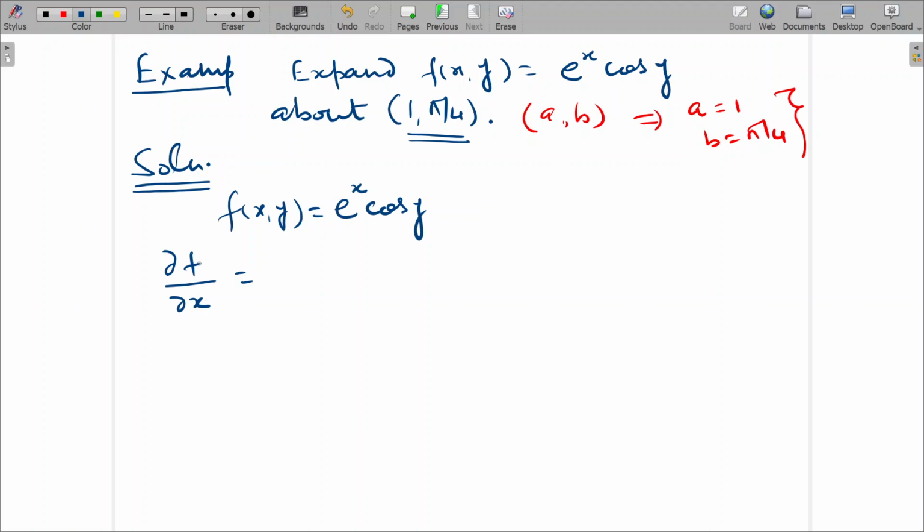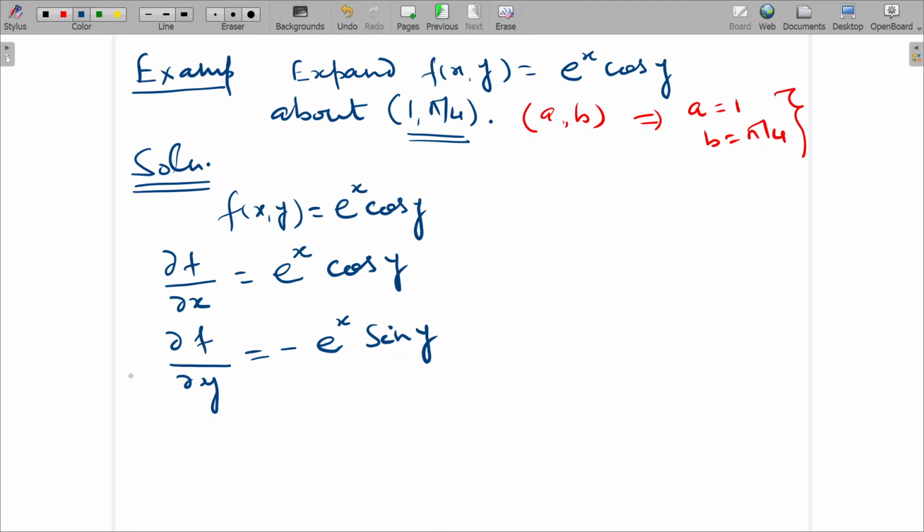This is the partial derivative of the given function with respect to x, which is coming out as e to the power x cos y, and now the second first order derivative, del f over del y, is coming out as minus e to the power x sin y.